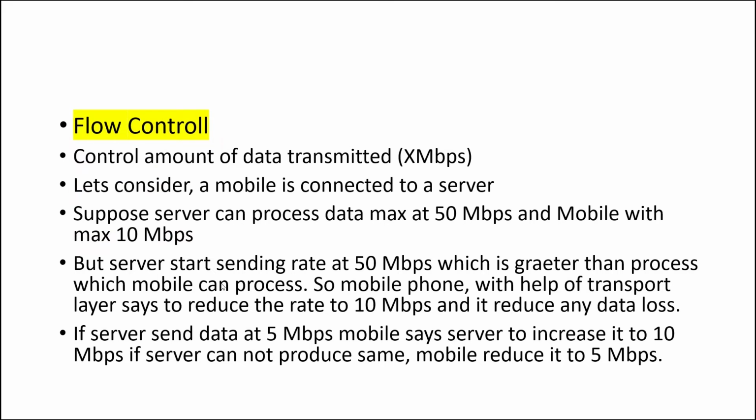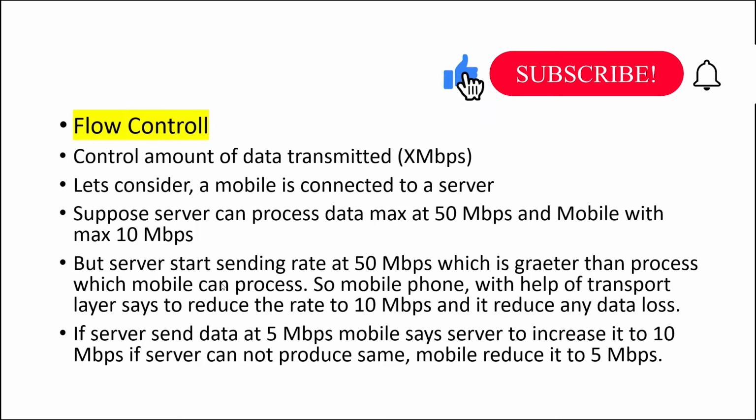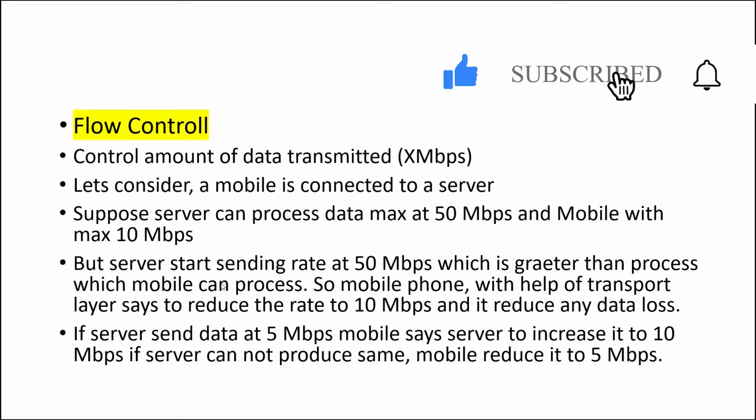So what is flow control? Let's say you are going to download something from YouTube. From the YouTube side, the maximum speed is 50 megabits per second, but your mobile has only 10 megabits per second speed. So guys, this is not compatible, and you have a risk of losing your data while downloading.